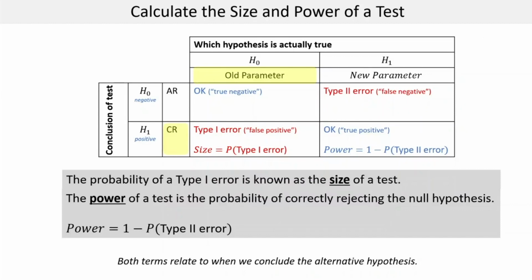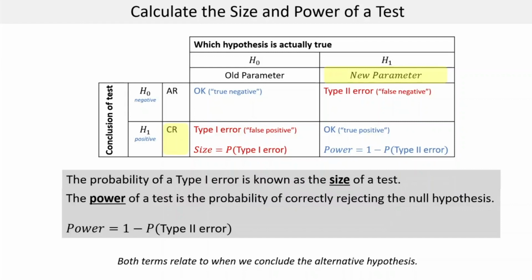For the power, and that's why this table is useful to have in your head and to be able to reproduce, it's the probability of the critical region with the new parameter. Both of these terms relate to concluding the alternate hypothesis, and both are calculated using the critical region. One with the old parameter, one with the new parameter.